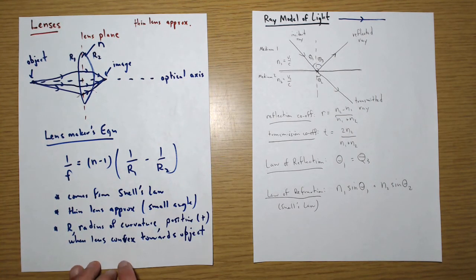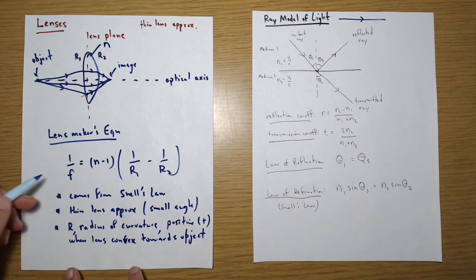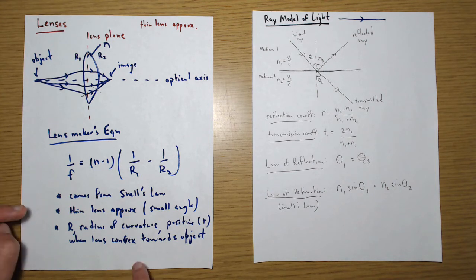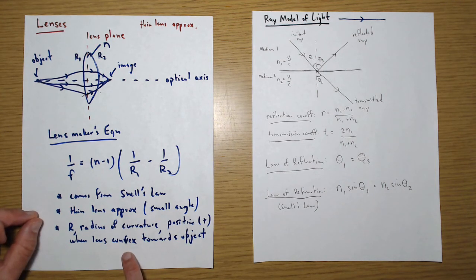Okay, so finally, what is f right here? Well, that's the distance with which the rays become focused, and I'm going to come to that in a moment. Okay, so convex is basically bulging towards the object.